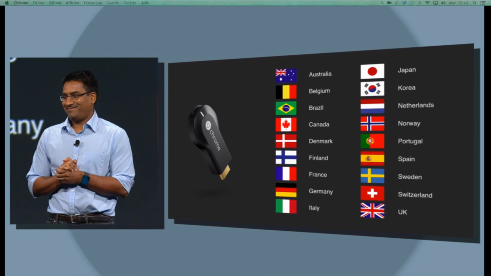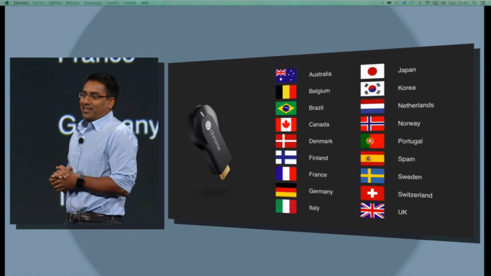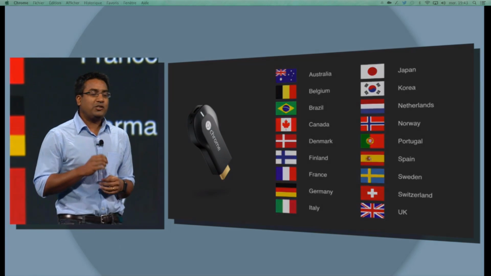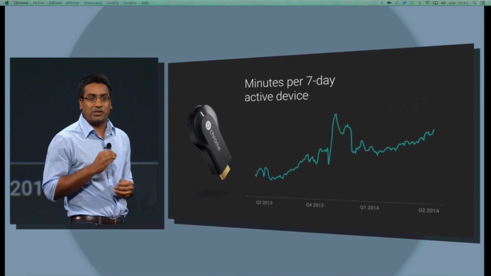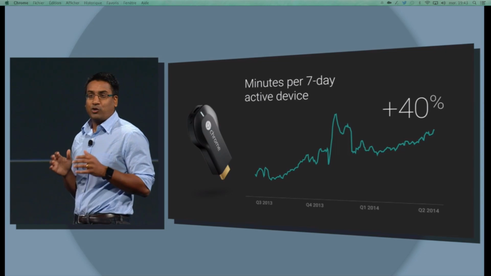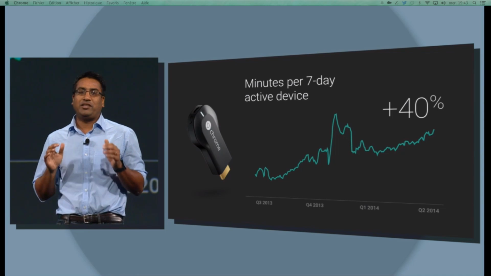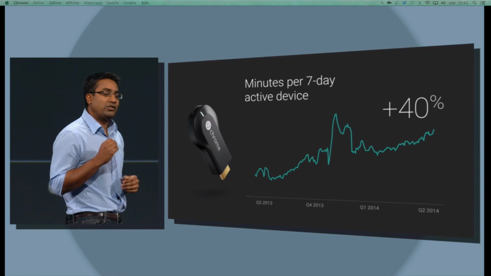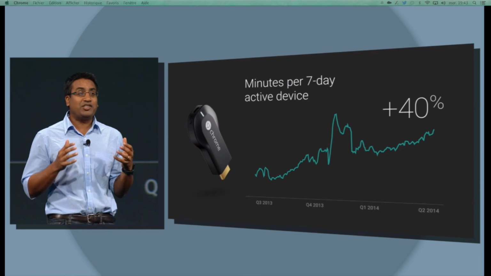And as sales have ramped up, usage per device has increased 40%. Already, YouTube sees more active engagement on Chromecast than any other TV streaming product. The model is working.